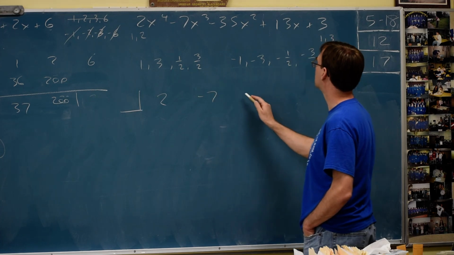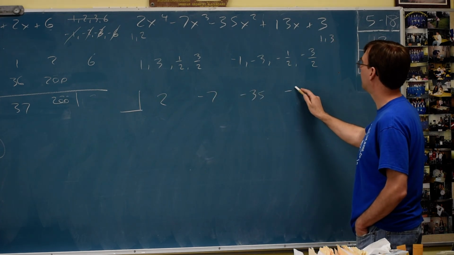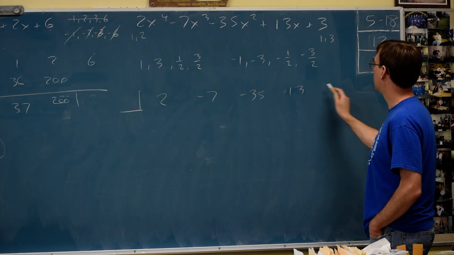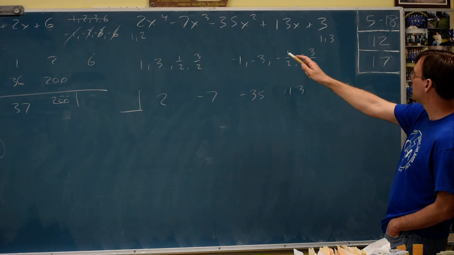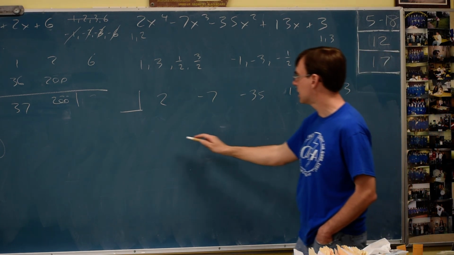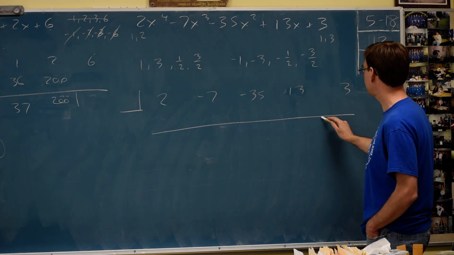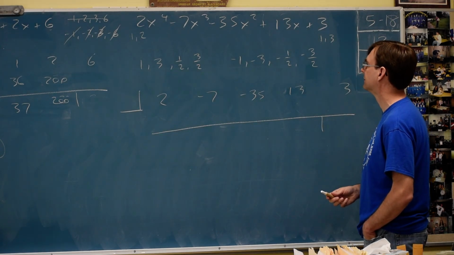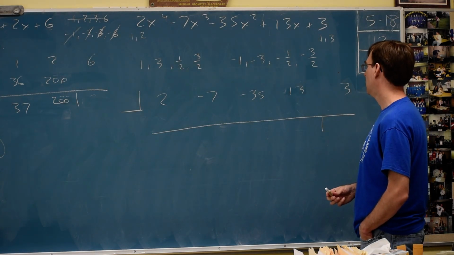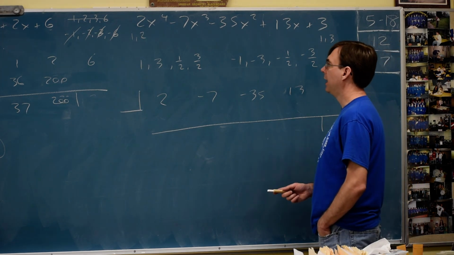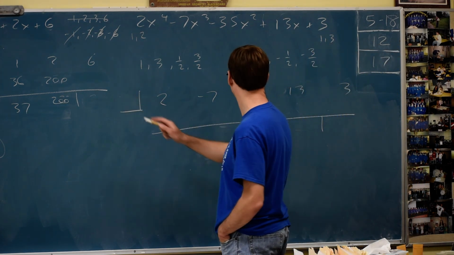2, negative 7, negative 35, 13, 3, no zeros because I didn't skip anything. Oh, what do I want to try?